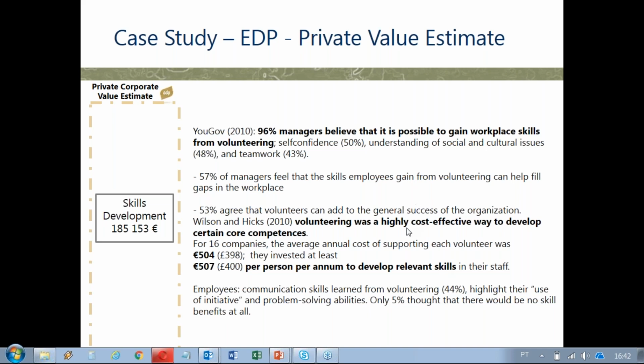So he says that volunteering is a highly cost-effective way. It's good when we're talking about costs, but volunteering also has a lot of spillover effects with well-being, as we have seen here, with health benefits, with reputation, with a lot of things that traditional classroom training doesn't have.